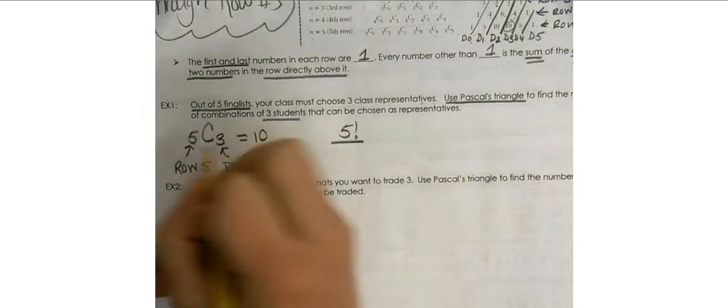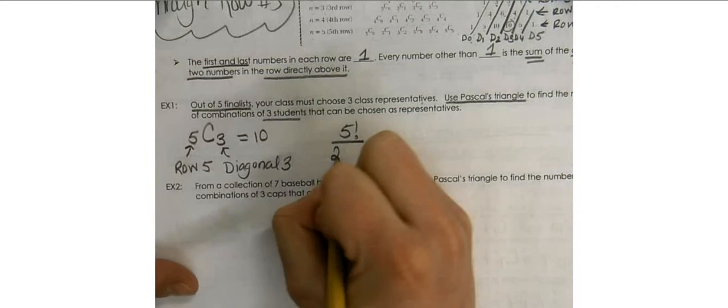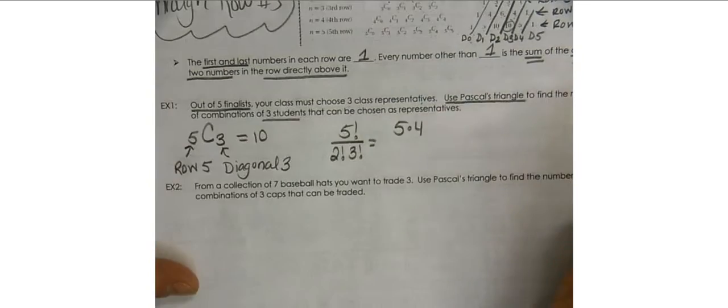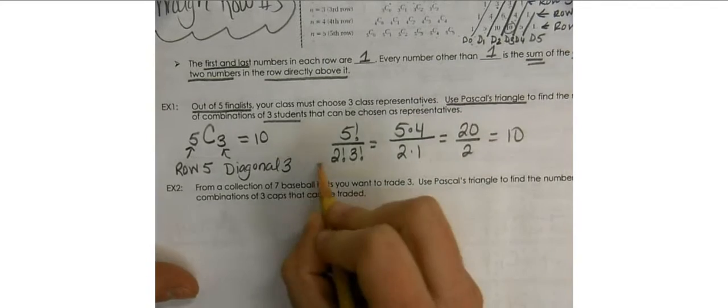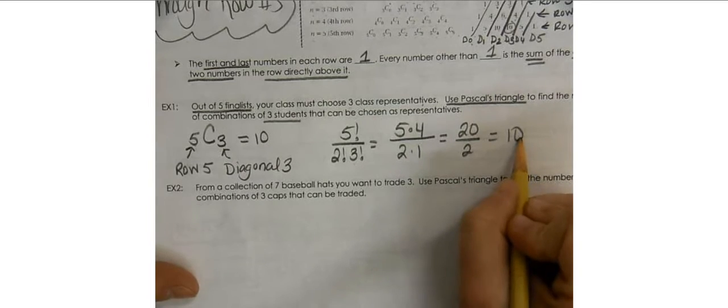That is 5 factorial divided by 5 minus 3, which is 2 factorial, times 3 factorial, which is equivalent to 5 times 4. I don't have to write 3 times 2 times 1 because that will just cancel out, all over 2 times 1. So that is equal to 20 over 2, which is 10. So both approaches will get you the right answer.